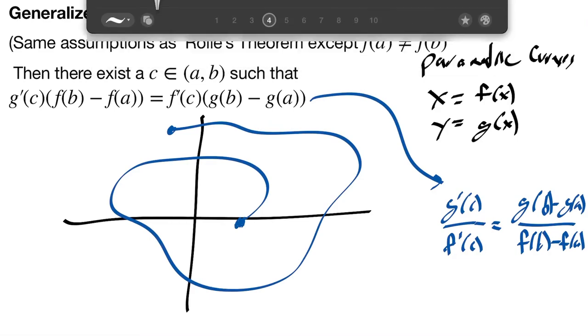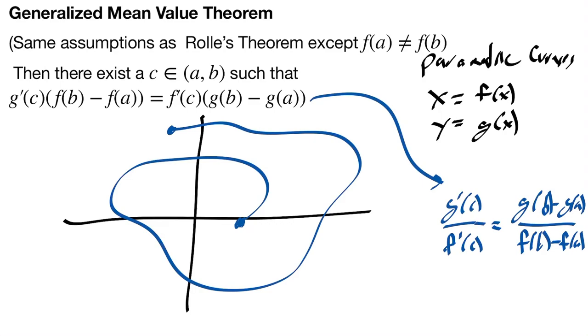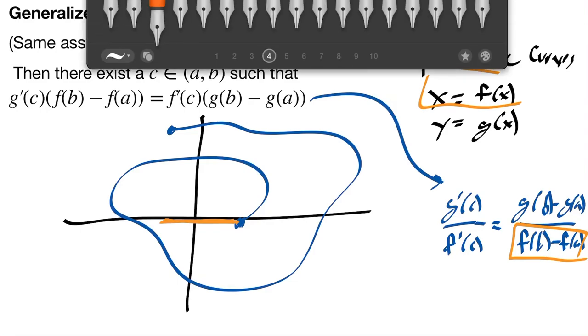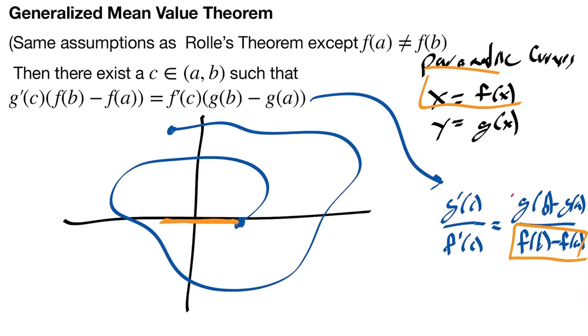But what you'll see is, if I look at the part on the right, I've got a change in f, which is a change in my x values. That would be like this distance right here. And if I look at the top, I have a change in y, a change in my y values.